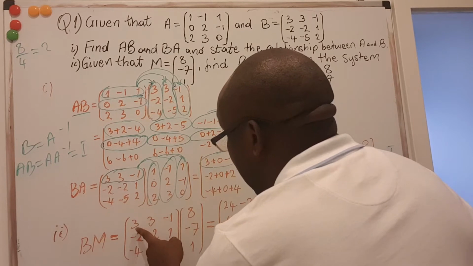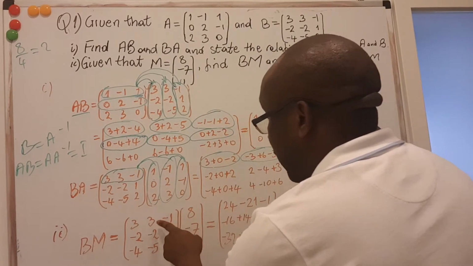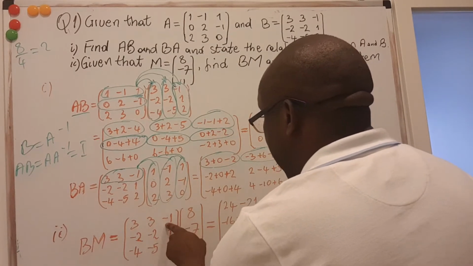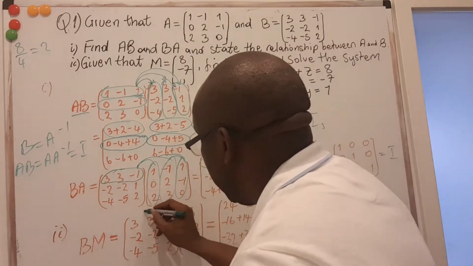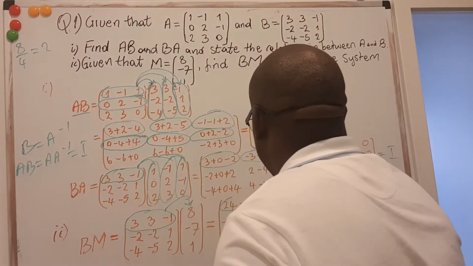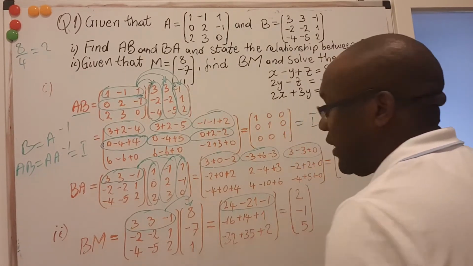So here, this is 3 times 8 is 24. 3 times minus 7 is minus 21. Minus 1 times 1 is minus 1. So if you take this and multiply, you get the first entry there. And if you take this and multiply, you get the second and you get the third.